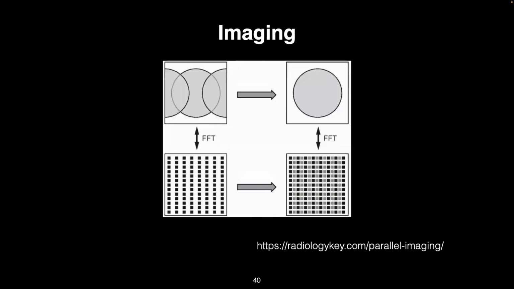And here's another more schematic representation of that, where if you collect every other line of data, you're essentially reducing your field of view by half in this dimension. But if you can figure out ways to fill in that information, you can reconstruct your image fully without aliasing, without those artifacts.